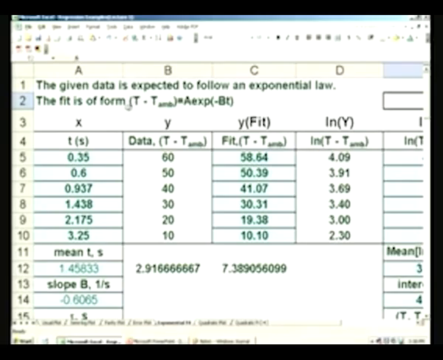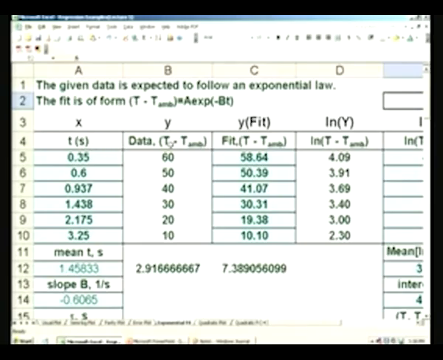The example is given or stated by giving the values of the time and the corresponding temperature, which is measured in a certain transient experiment. So, the time is given as t in seconds.